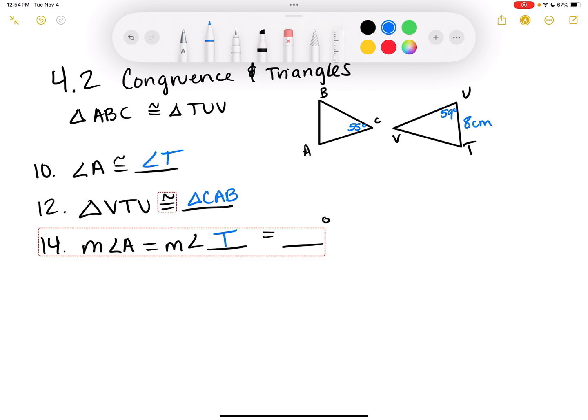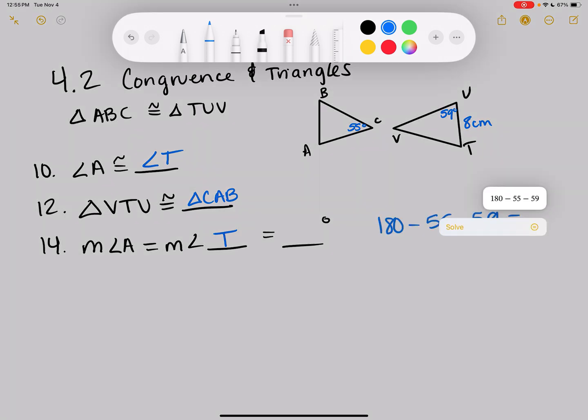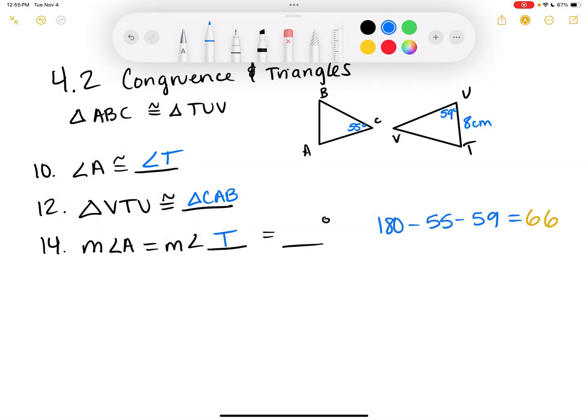Now I need to actually find angle A, angle T, whichever way you want to think about it. So how do I find that? Add them together and subtract from 180. Yep. 180 minus the other two, so we would have 180 minus 55 minus 59. Okay, 66 degrees.